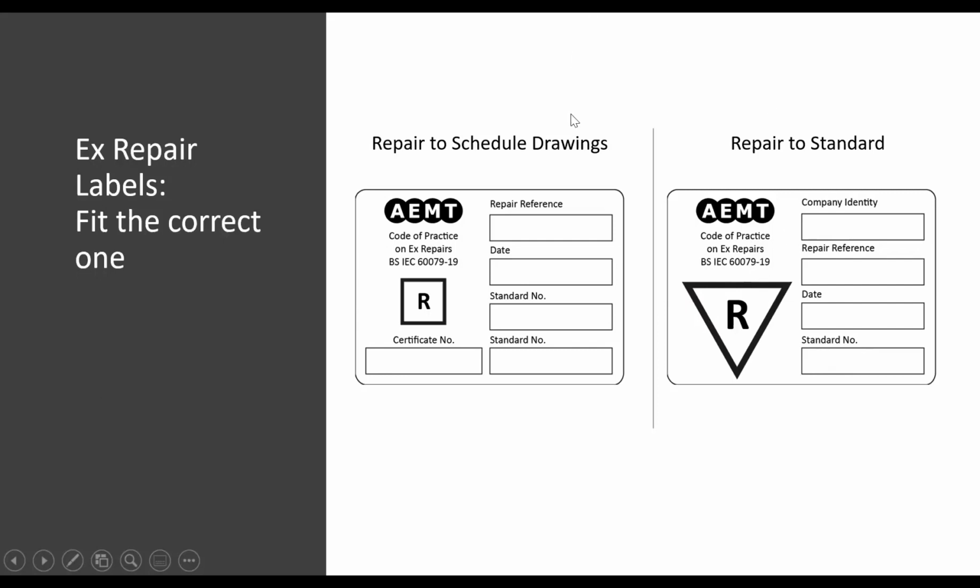Again, if you're repairing EX equipment, you should have a copy of BS EN IEC 60079 Part 19, 2019, not 2015, not 2011. Those are the old, outdated repair standards. The latest repair standard is 2019.